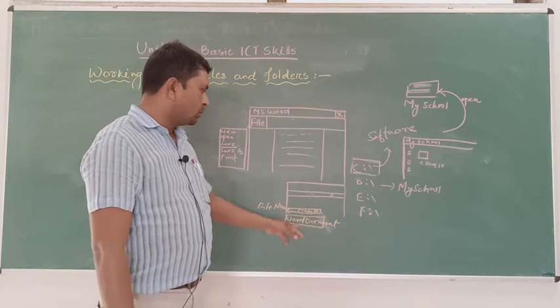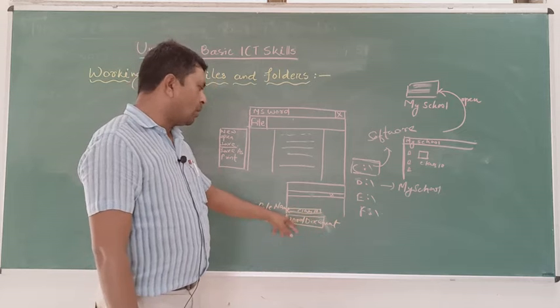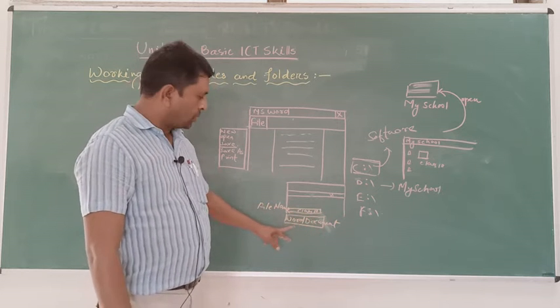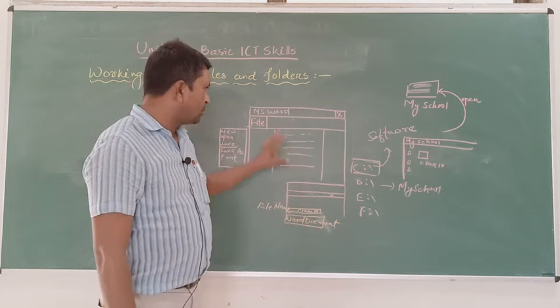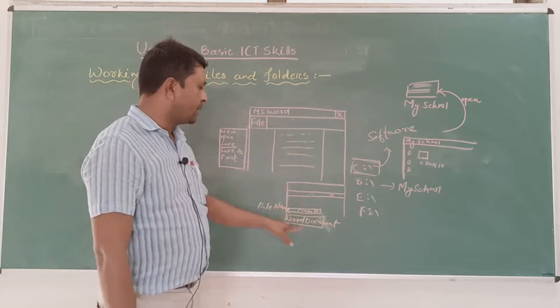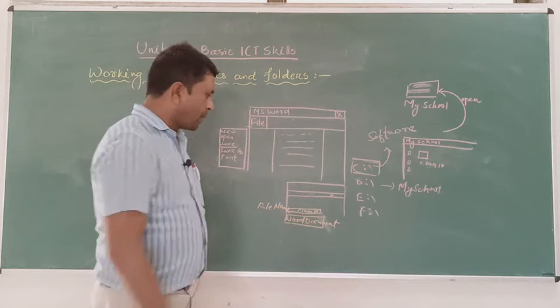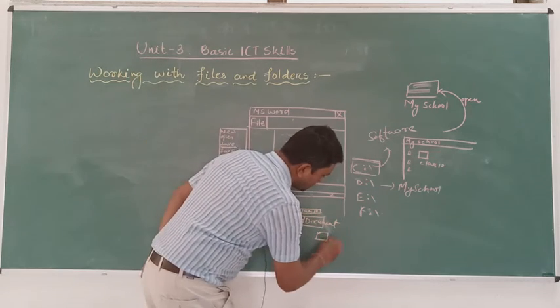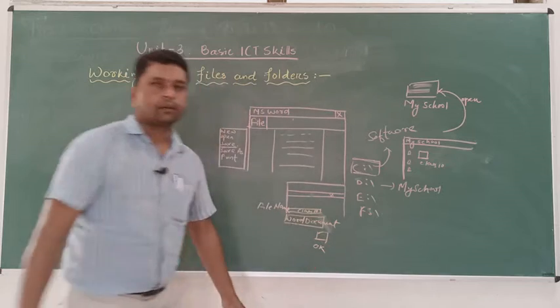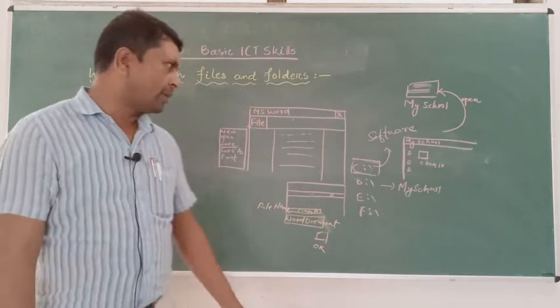So you have to specify that also, but for now we only need to know that the file we have created is a Word document. After that we just click on the OK button.